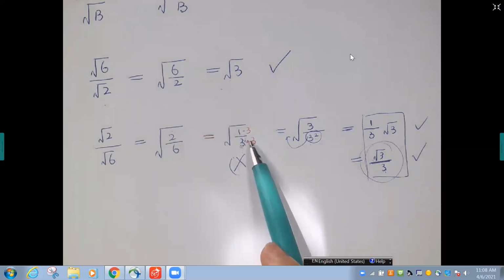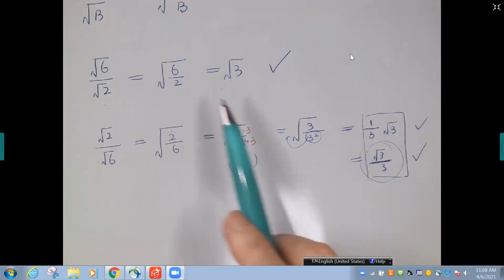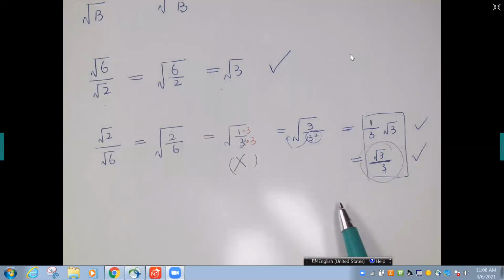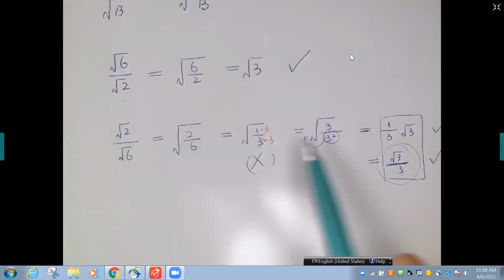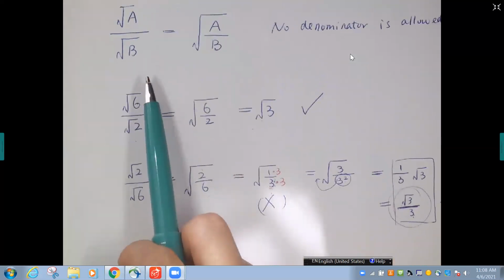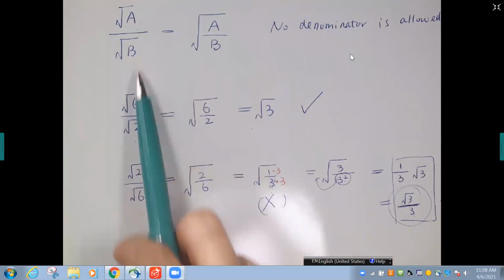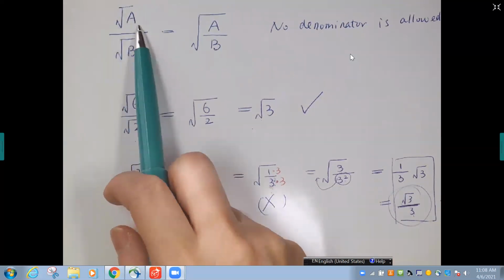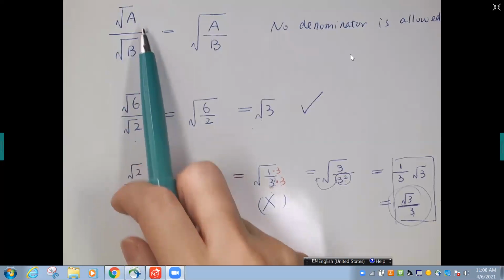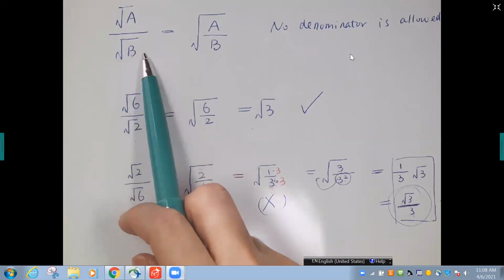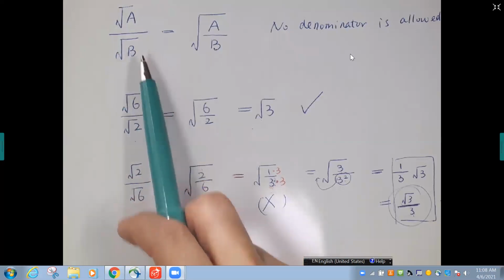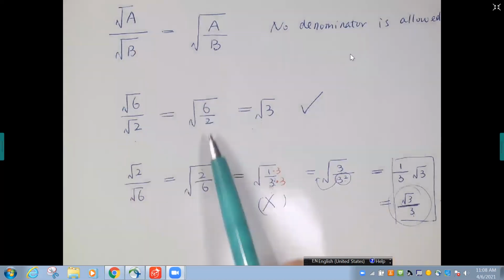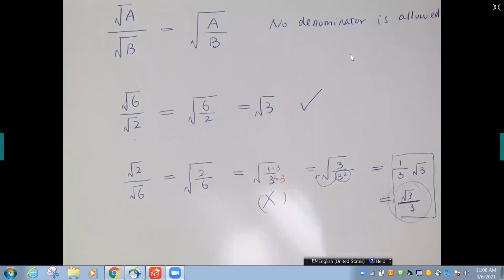When we multiply by itself, we'll have a square. When we have a square, then we can move it out. Okay, so this is the first type of division: a single term radical expression divided by another single term radical expression. What do we do? Just divide the radicands and then simplify it. In one word, simplify it.